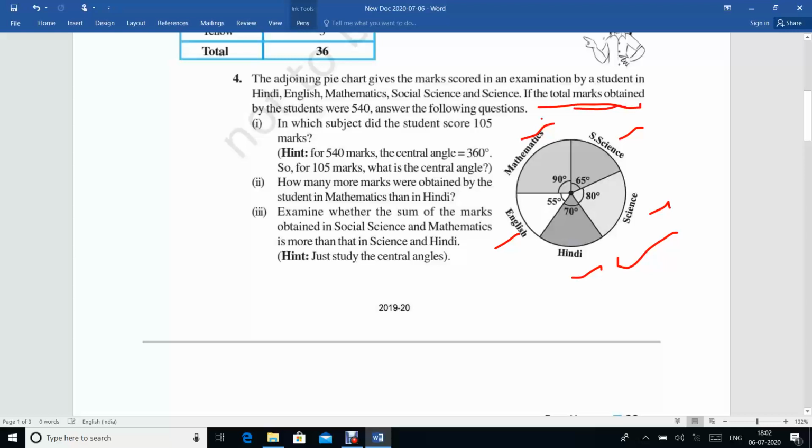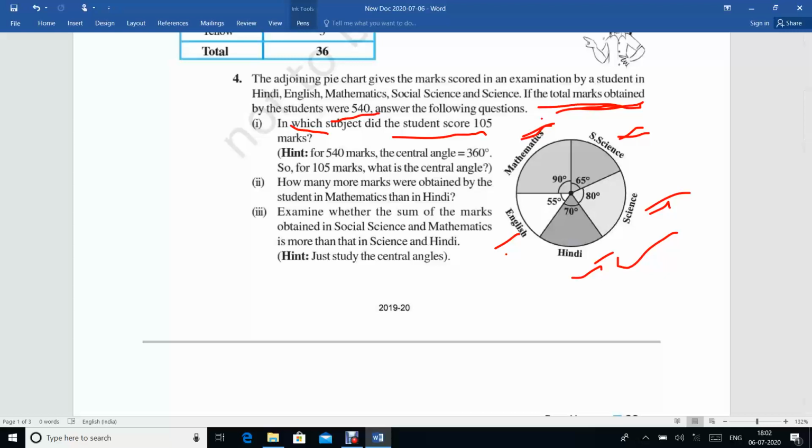The total marks obtained by the student were 540. To know in which subject the student scored 105 marks, you have to find the marks obtained in each subject, means in mathematics, social science, Hindi and English.